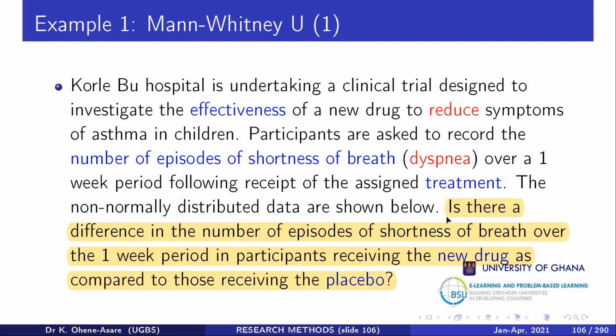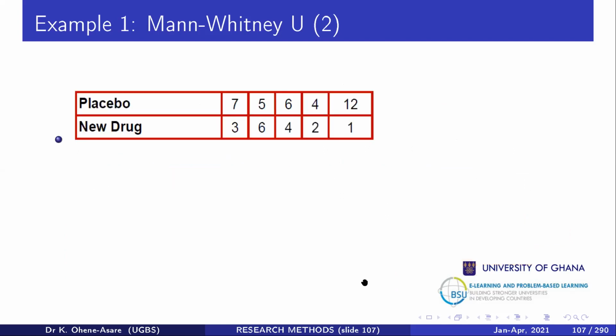It's this statement that helps you to formulate the null and the alternative hypothesis. It is from here that you will know the mathematical symbol to use for the formulation. But before that, that's the data.